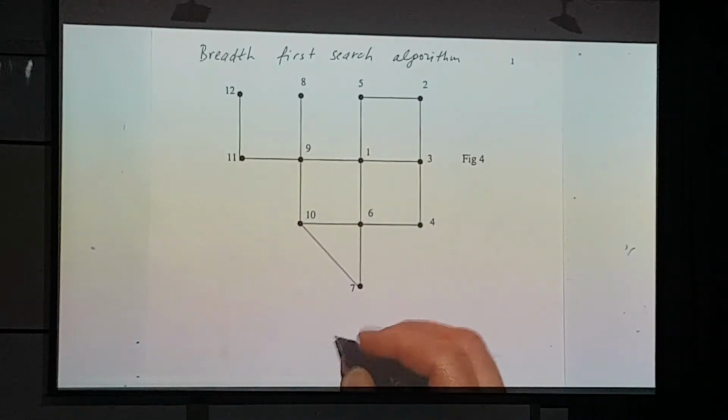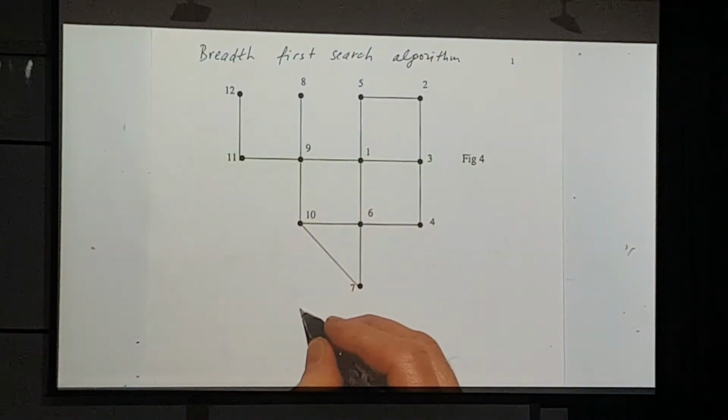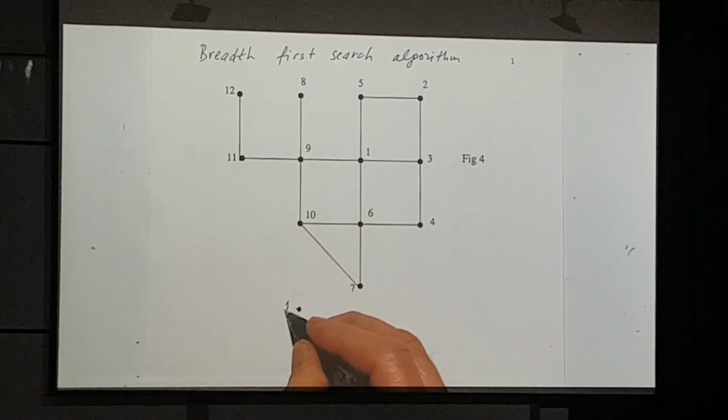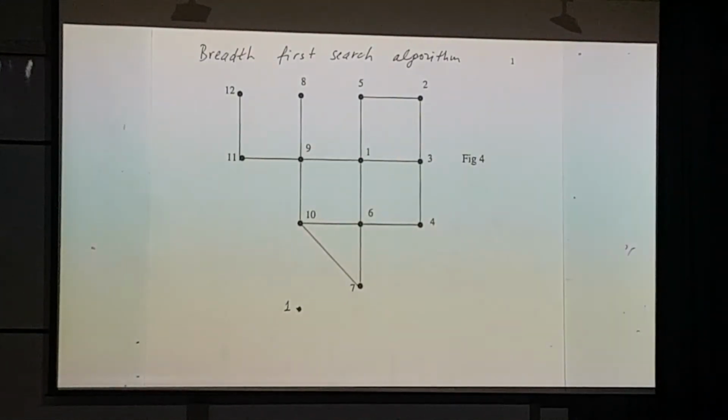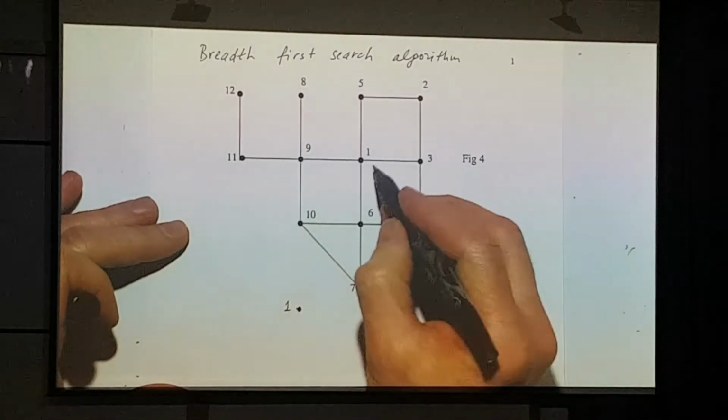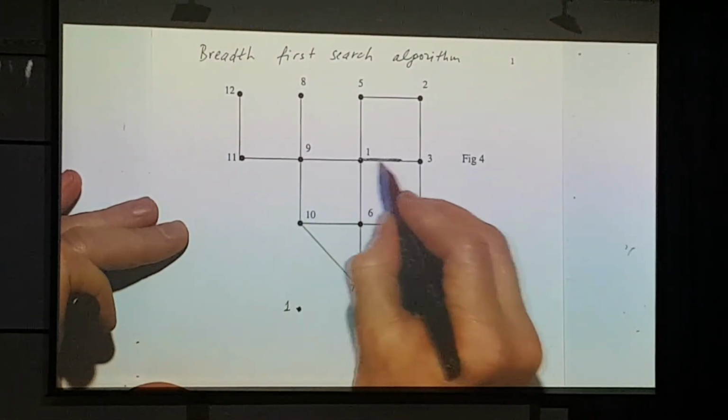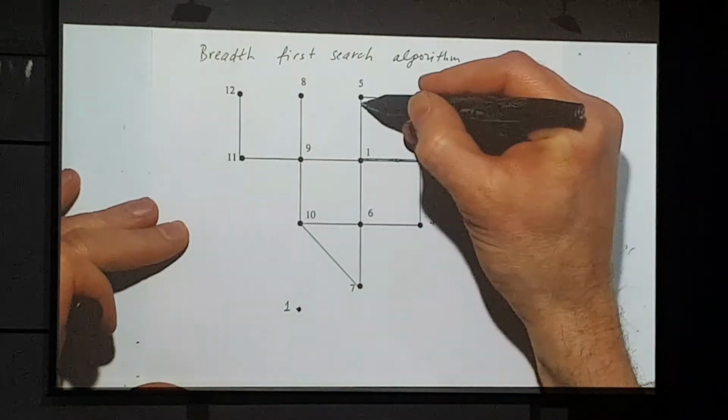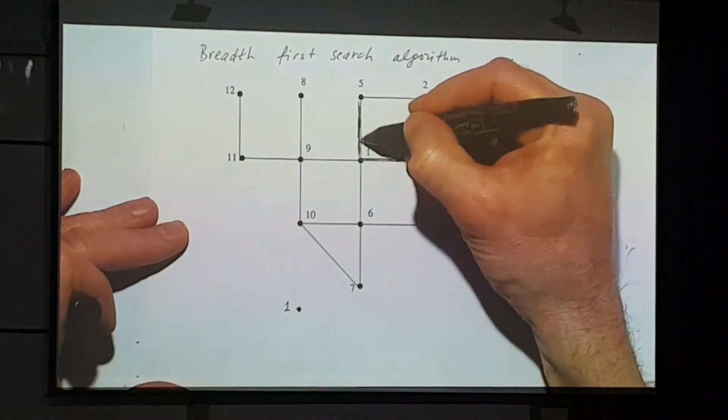Again, I'll start with 1. And now the beginning is different. I will add all adjacent vertices to the 1, and I'll be marking the new edges I'm choosing on the drawing.